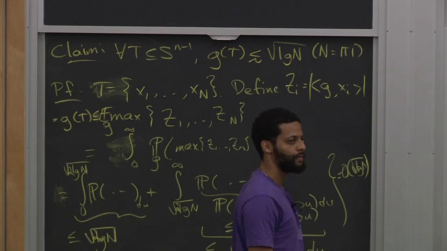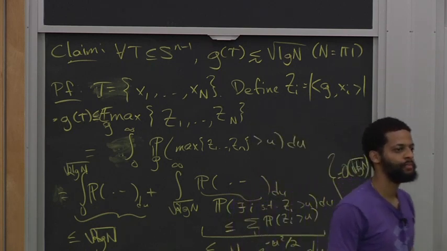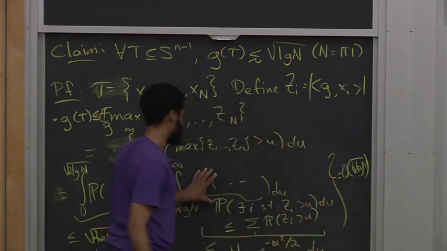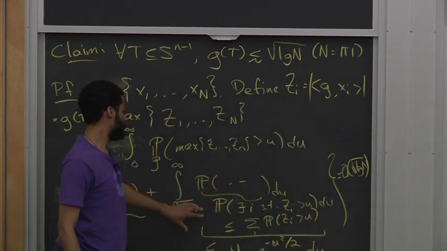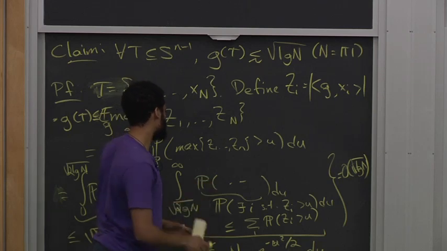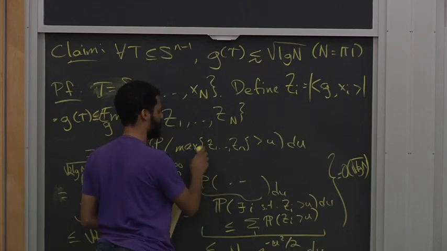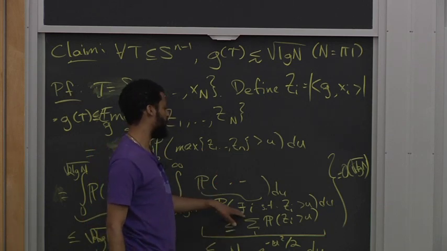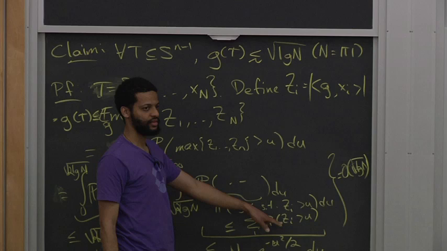Okay. Question? This probability, that the max is bigger than u, is to say that there exists an i such that zi is bigger than u, right?